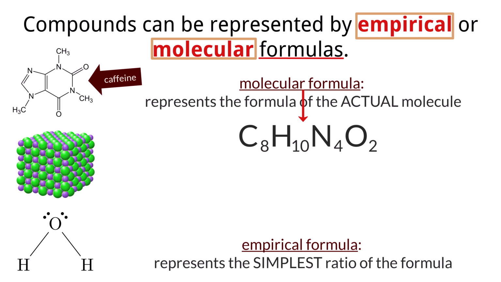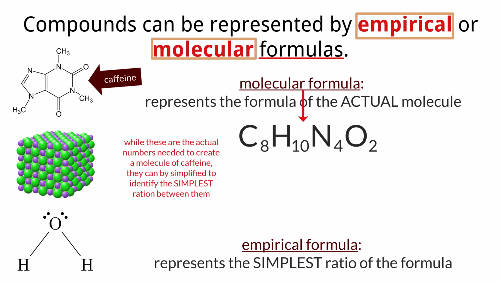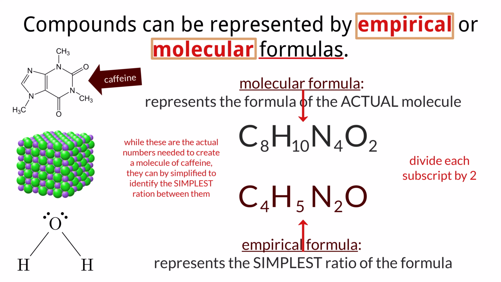You may have noticed that we have an opportunity to simplify all these numbers while maintaining the same ratio among them. We can do this by dividing each number, or subscript, by 2. This is how we get the empirical formula, which for caffeine is C4H5N2O. The subscripts are not the same values, but they do have the same ratios.